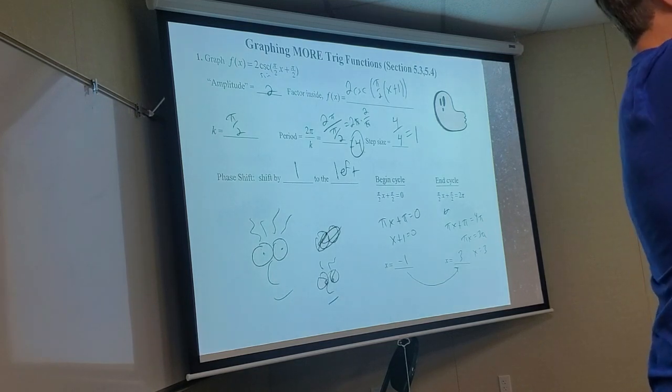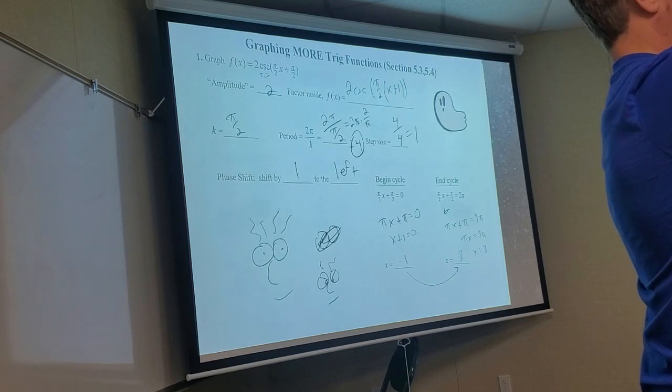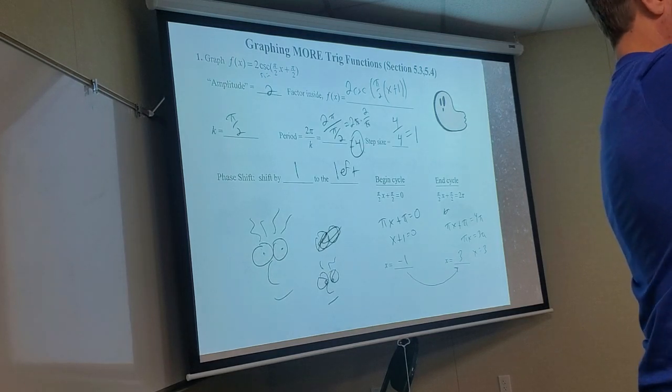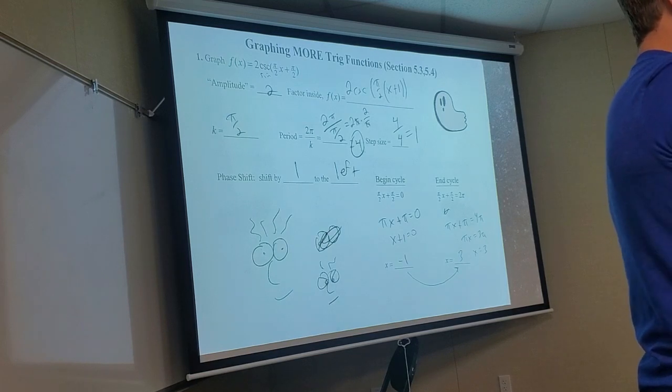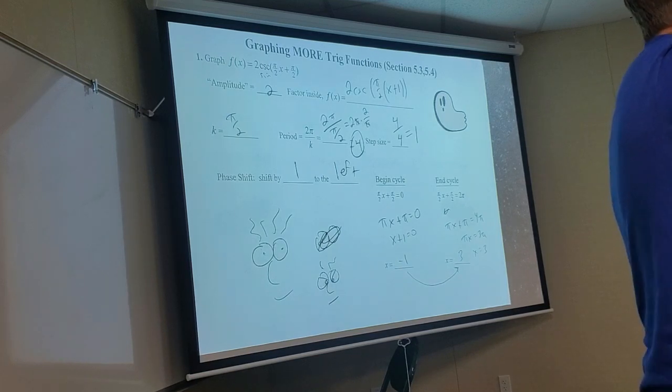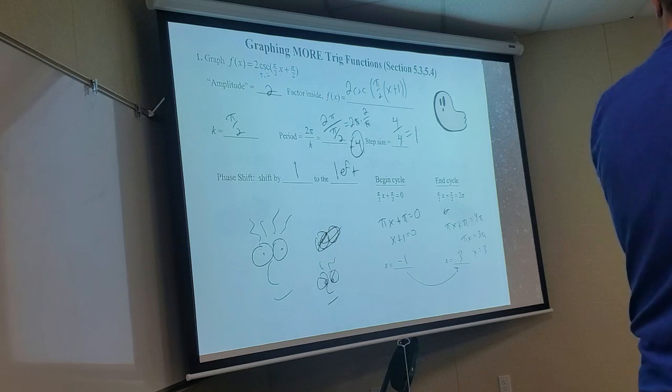So if I had a sine function that I did nothing to, the step size would be pi over 2, right? Because 2 pi divided by 4. If I compress it, if I have to fit 4 steps into that little compression, that's going to be a different step size, correct? I'm going to have smaller steps. And that's exactly what happened here.